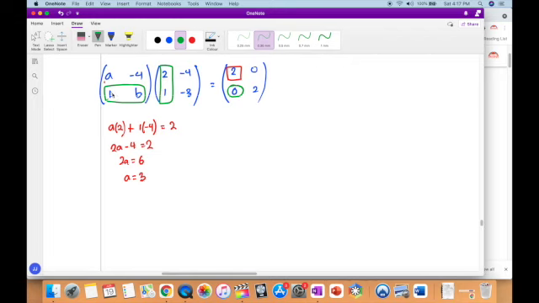Yeah? So 2 times 1 is 2 plus B times 1 is B, and that's supposed to give me 0. Therefore, B is negative 2. Right? Simple, nice and easy. See how easy that was?